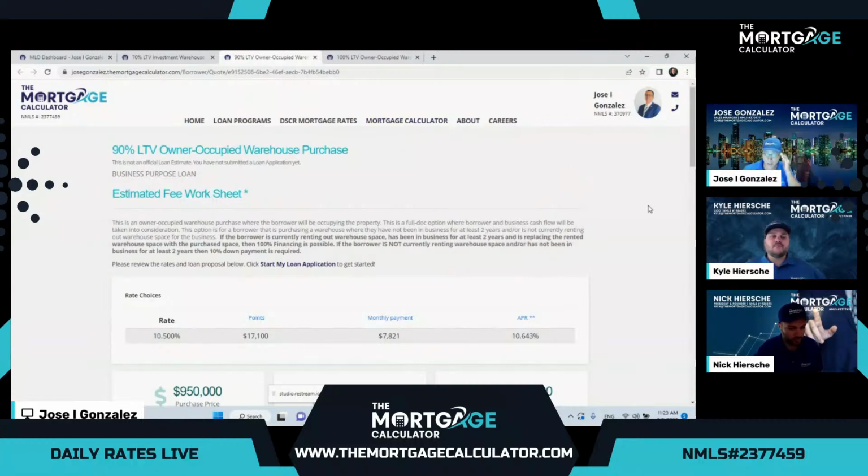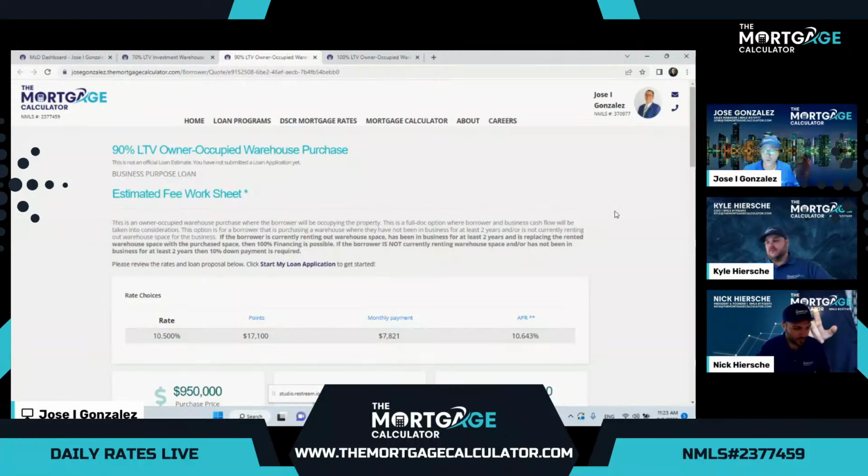Very good deal for those of you out there working with your business owners or future business owners. SBA, very good option, and actually the best option for owner occupied properties. There are certain scenarios where you would go to a non SBA loan for an owner occupied property.